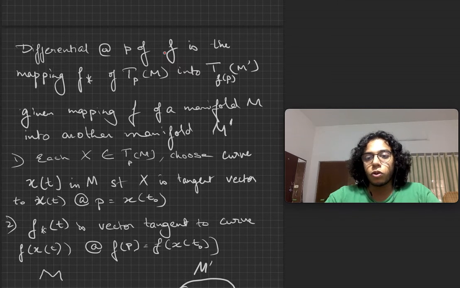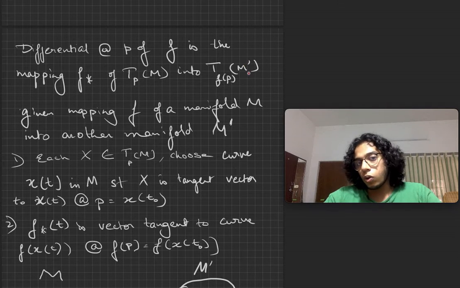Let's try to understand what it means to take the differential of a mapping, right? So if you take a mapping f star of a tangent space T_pM into another manifold, okay. So this has T f of P M. F of P is a mapping from P to another point f of P on M dash, okay.